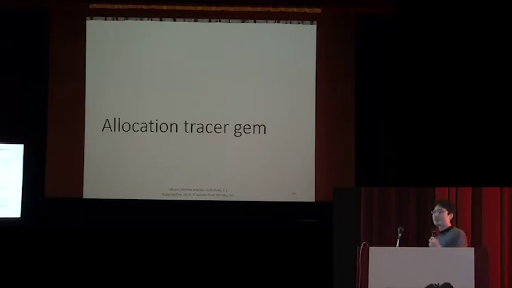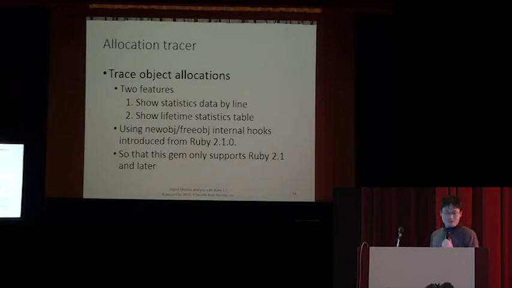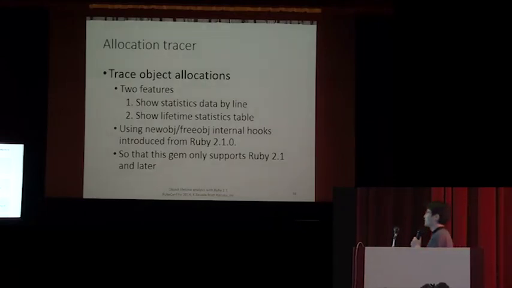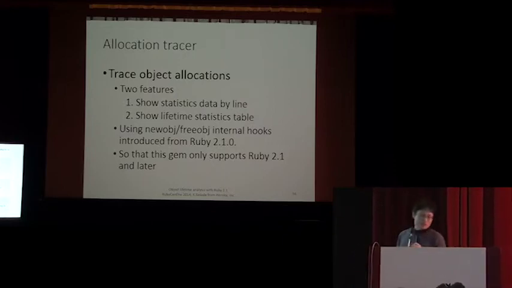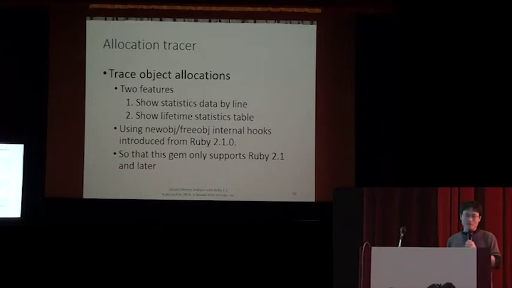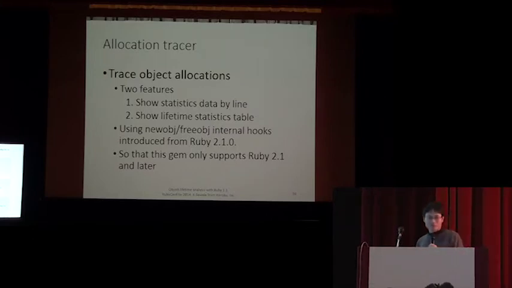Recently I made it, mainly to present at RubyConf Taiwan. Allocation tracer enables tracing object allocation and deallocation. It has two features: it can show statistics data by line and show a lifetime statistics table.